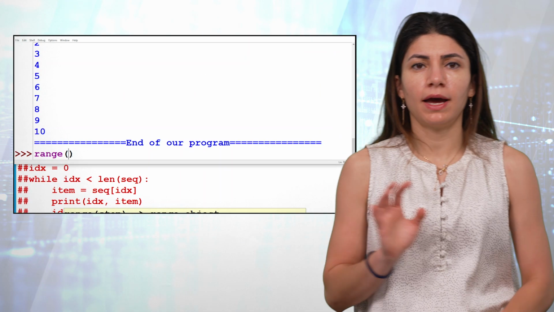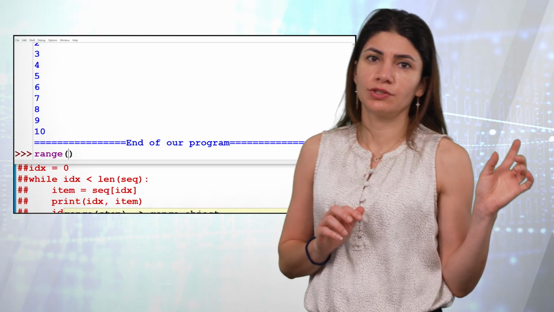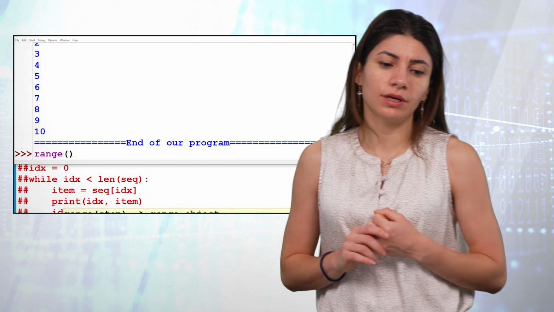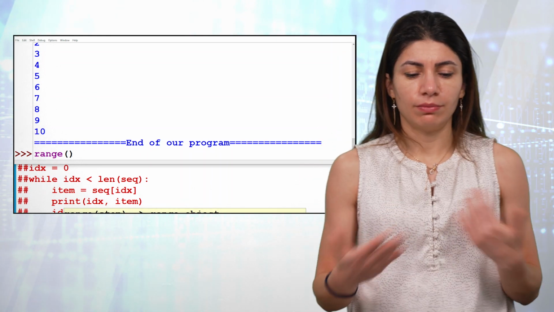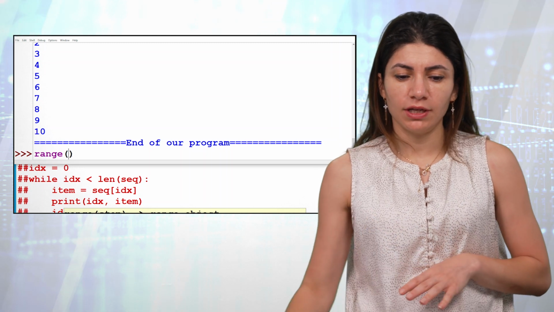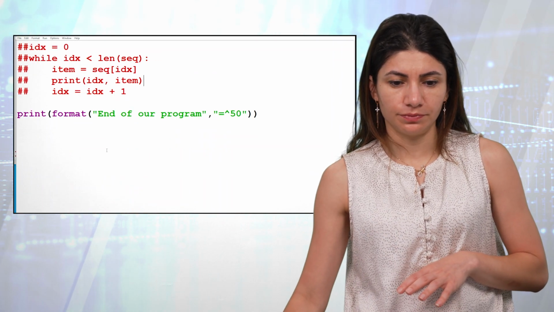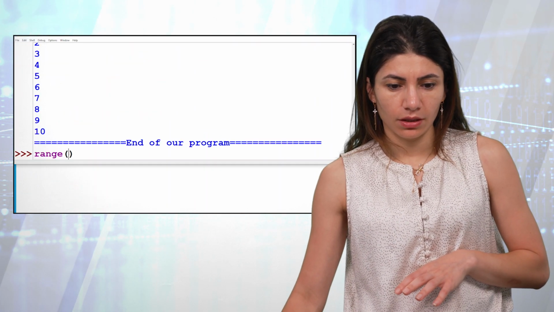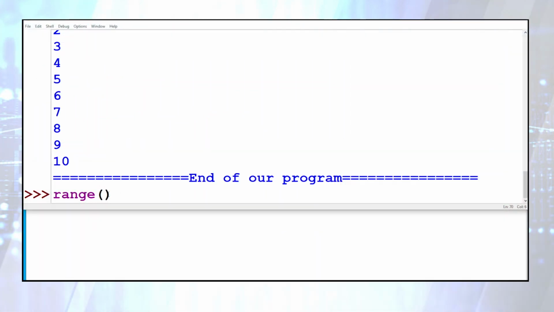So range function takes up to 3 values when it comes to passing information to it. So the first value that you pass to it is the start value. The second value is your end value, and the third value is your step, okay? So start, end, or stop, and a step.